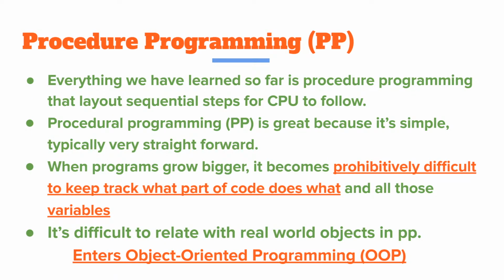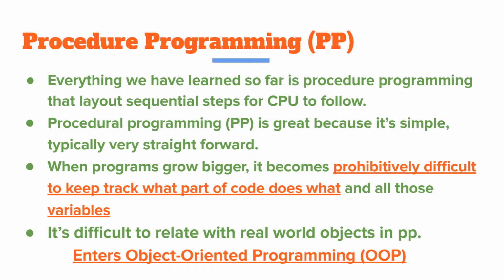Everything that we've learned so far is basically procedural programming. It's just step by step, the CPU just follows everything that you write. No matter if that be a loop, defining a variable, or printing out something, there's no going back to a certain line and calling a function or creating an object.